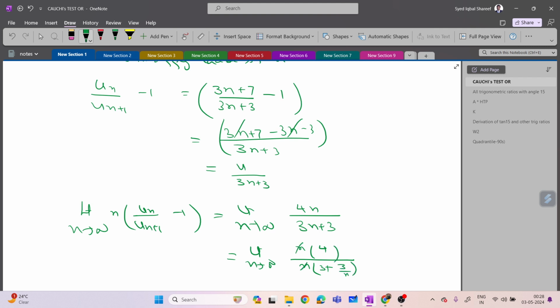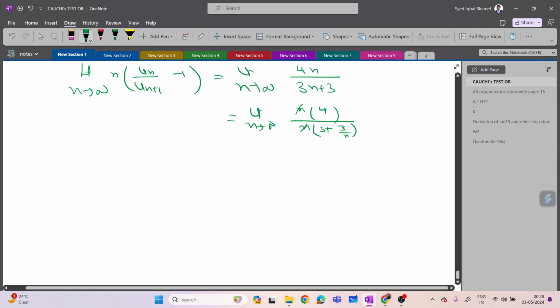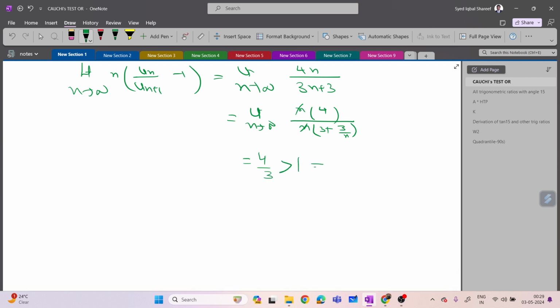The n gets cancelled. As n tends to infinity, 1 by n tends to 0. So it is 4 by 3, greater than 1, convergent by the Raabe test.